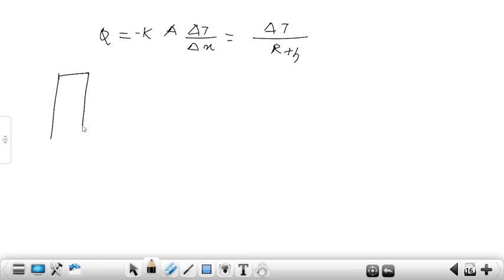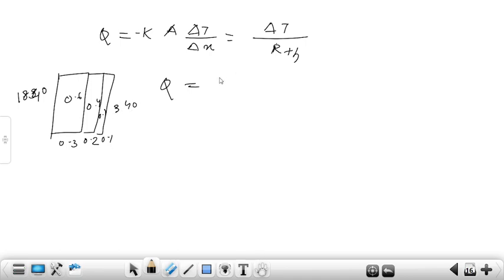Given the composite wall having thickness 0.3 meter, 0.2 meter, 0.1 meter, and thermal conductivity given 0.6, 0.4, and 0.1. So Q we have to find, and the temperature difference is 1840 and 340.